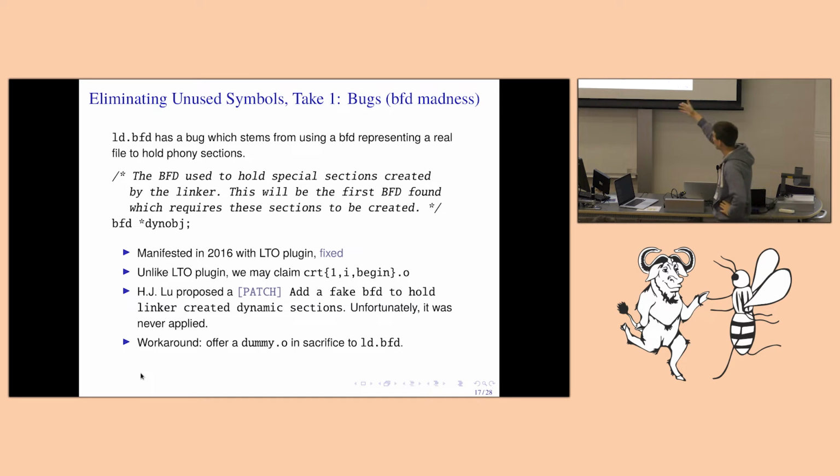In the same thread where the problem with the LTO plugin was fixed, Jehyung Lee proposed a patch to amend the situation, but unfortunately it was never applied. The funny workaround we have for this bug is to provide a dummy.o for each link, which contains nothing basically. It just has to be a valid ELF. So BFD finds it and gladly stacks whatever it wants inside the BFD representing this file. It's not a hard bug, but I thought it was funny.